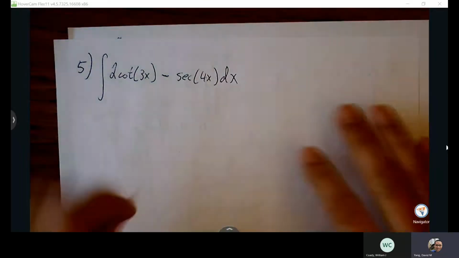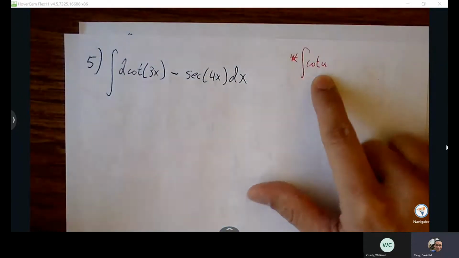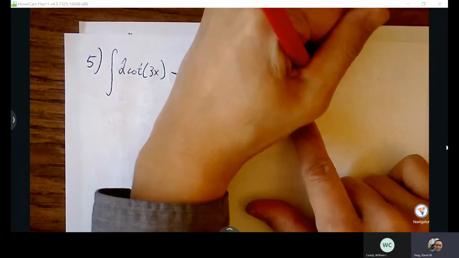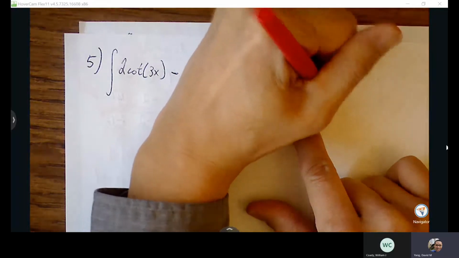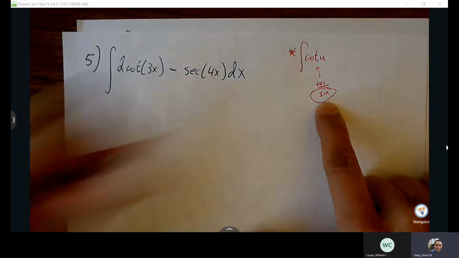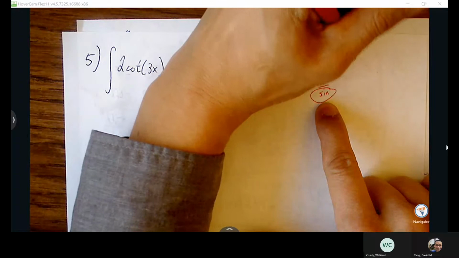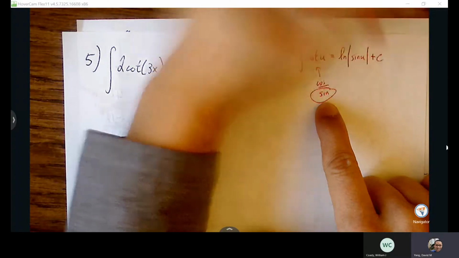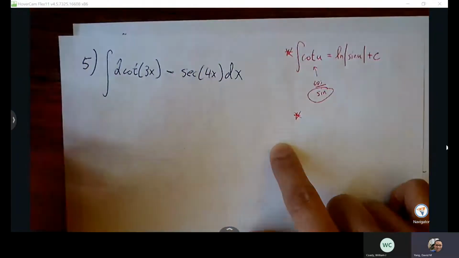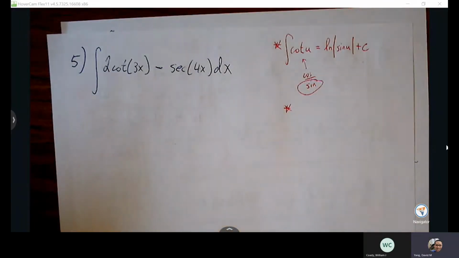So as a reminder here, cotangent of u, I like to think of cotangent as cosine over sine, and that helps me remember that it's the sine that shows up in my natural log rule. And then secant also involves natural log, but it has secant and tangent that shows up within its natural log rule.